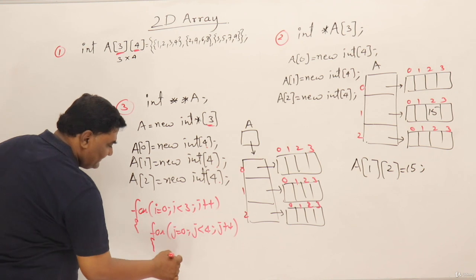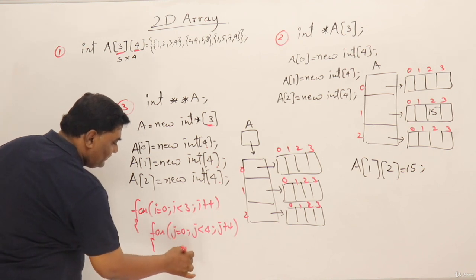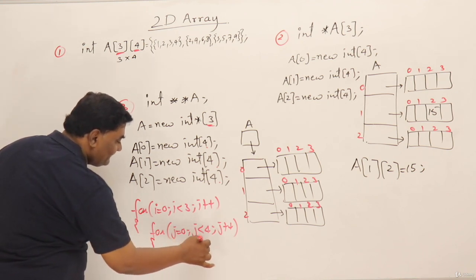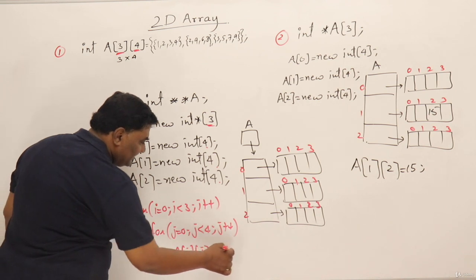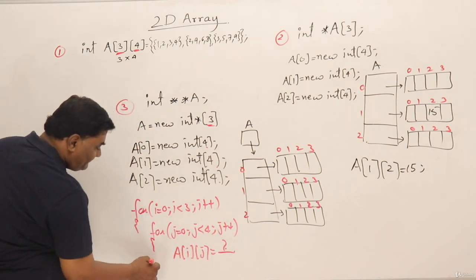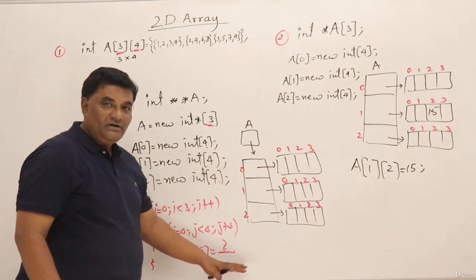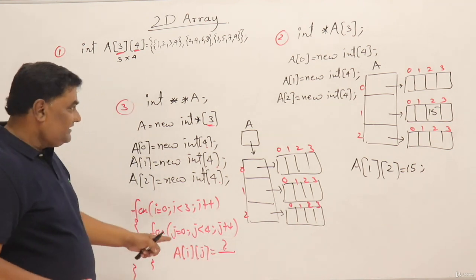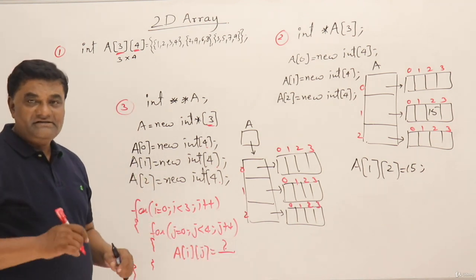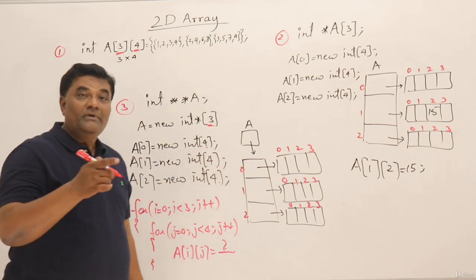So for accessing all these elements, I can say a of i, j, whatever I want to do here. Whether I want to print them, modify them or initialize them, I can do it. This will help me traverse through all the elements in a two-dimensional array, row by row.